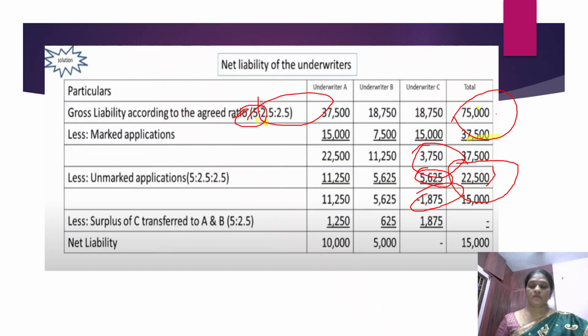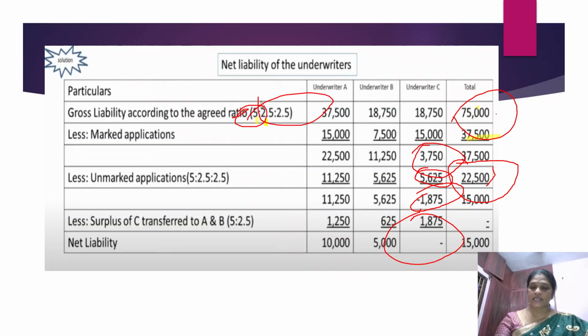So for A, the ratio is 5 is to 2.5 only, because we need not take Underwriter C. So 5 is to 2.5, that's 1,875. It's divided according to the ratios: 1,875 into 5 divided by 7.5.